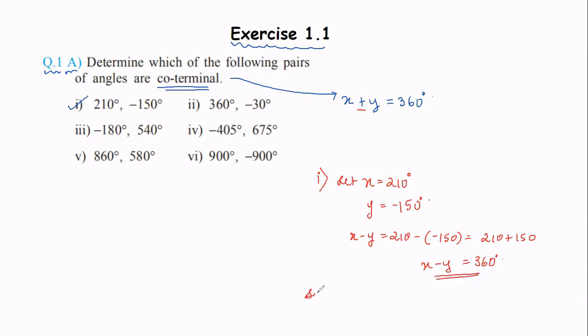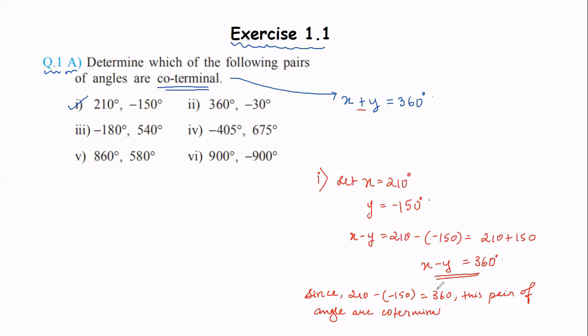Since x minus y is equal to 360, you can say that this pair of angles are coterminal. That's how we solve this question.